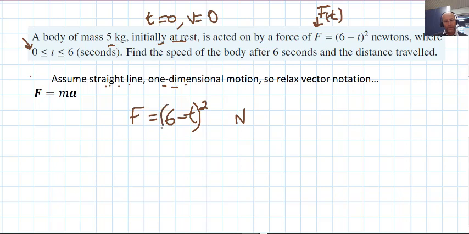F equals ma, so m is 5, so 5a equals (6 minus t) all squared. So this is where we're applying Newton's second. And I talk about that law of motion in previous videos, so make sure you're watching these in the right sequence. So a equals 1/5 of (6 minus t) all squared.